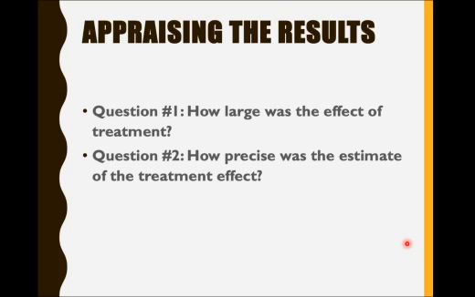Now, we next appraise the results. The questions that we will be asking are how large was the effect of the treatment, and how precise was the estimate of the treatment effect.